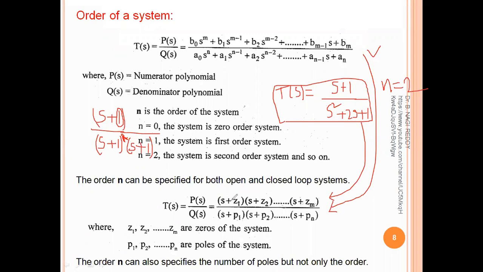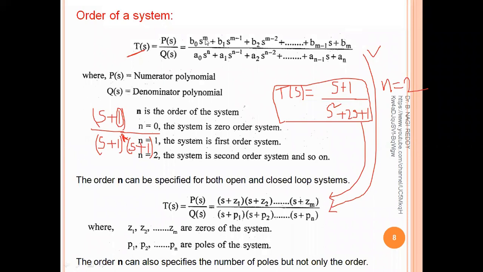That's why, in the general representation of the transfer function, the factorization here is s plus z1, where z1 is nothing but zero 1, z2 is nothing but zero 2, and so on up to zm, where m is the total number of zeros of the system. The number of zeros directly depends upon the maximum s power. Look at this expression here. In the numerator, you can see the maximum s power is m.